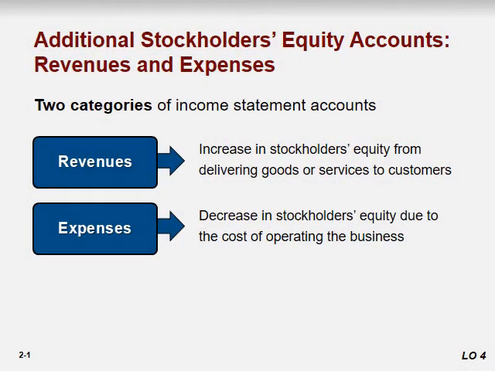So we also learned that the stockholder equity account has additional accounts: revenue and expenses. Expenses are a decrease in equity due to the cost of operation, and revenues are an increase in equity from delivering goods or services to customers.